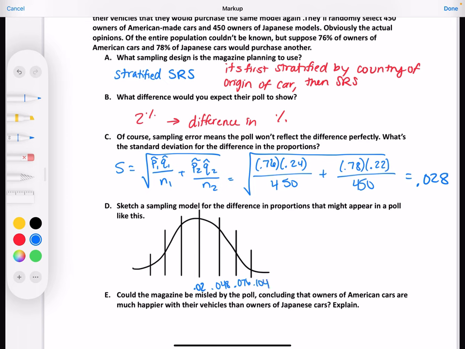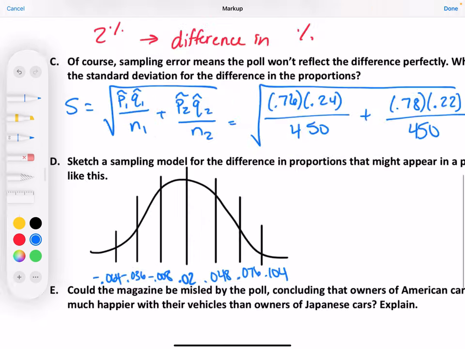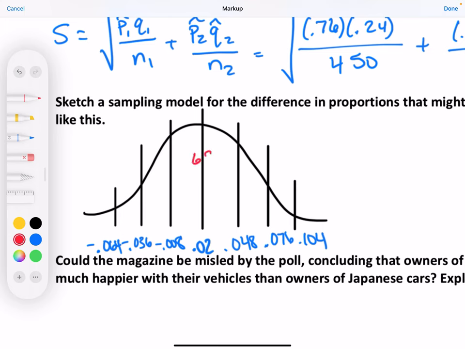And in the other direction, minus 0.008, minus 0.036, and minus 0.064. And so then in here we have the 68, 95, and then 99.7.